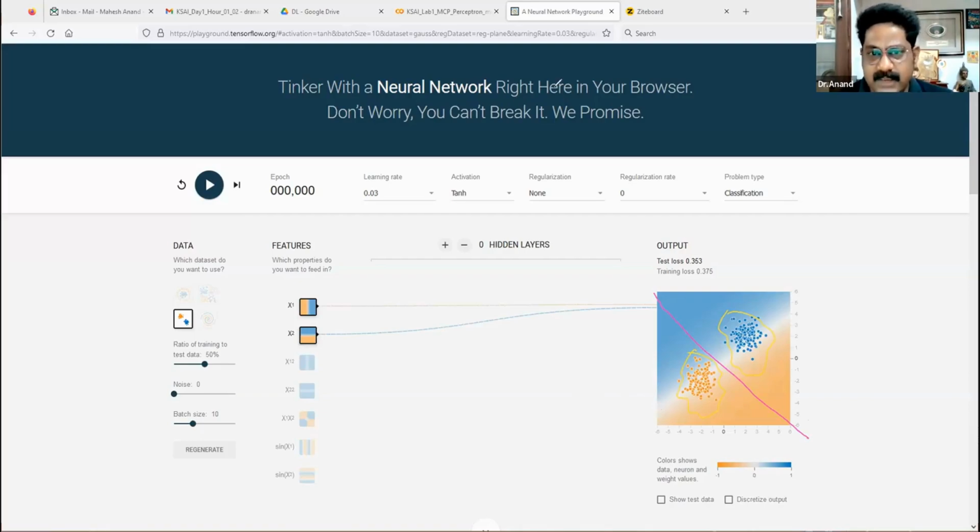Let me run the simulation to show you how quickly the model brings the training error and the test error near zero. The moment I run the simulation, carefully watch this epoch number. Epoch number means it's iterative, because the model is going to work in an iterative manner.